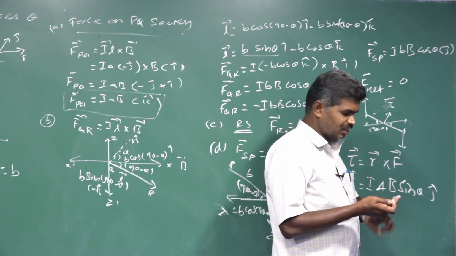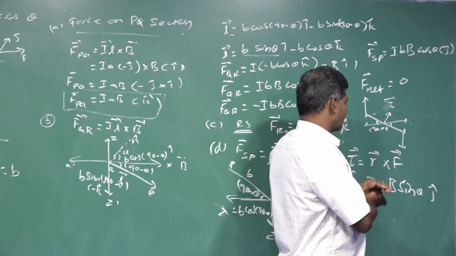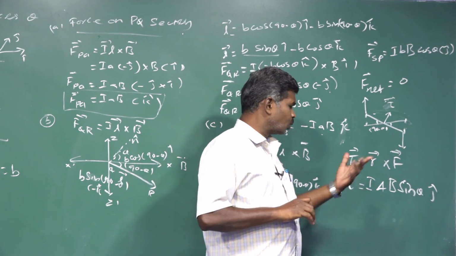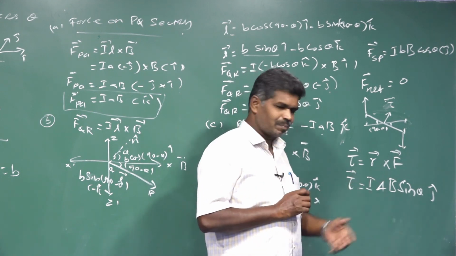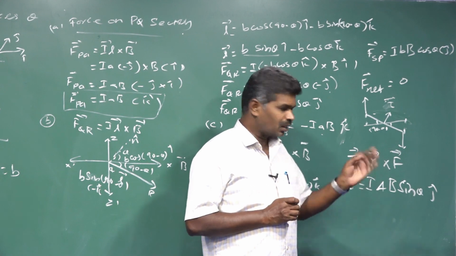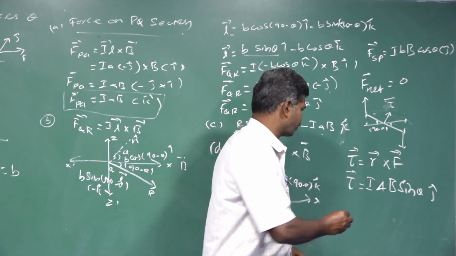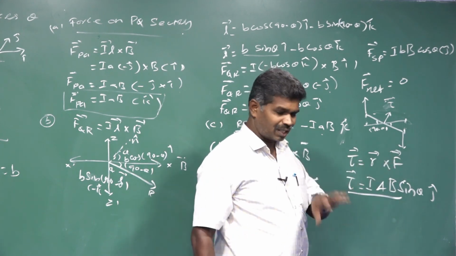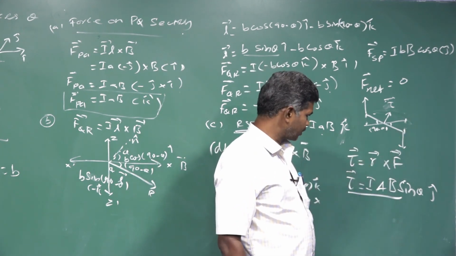If we have a single turn, the net torque on the loop can be taken as tau vector equal to the current through the loop, the area of the loop, the magnetic field, into sin theta into j cap. This acts along the y direction.